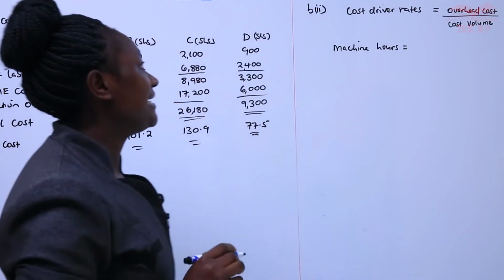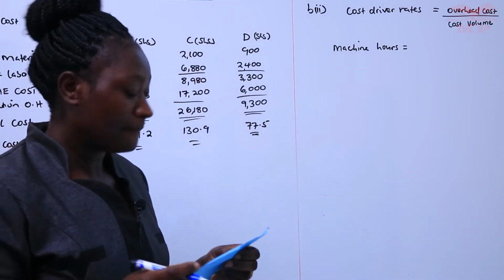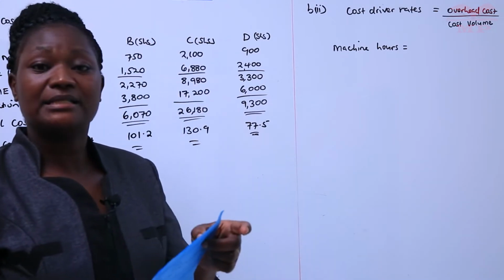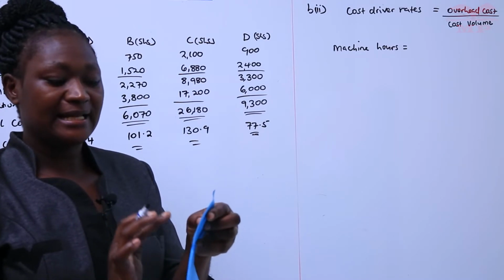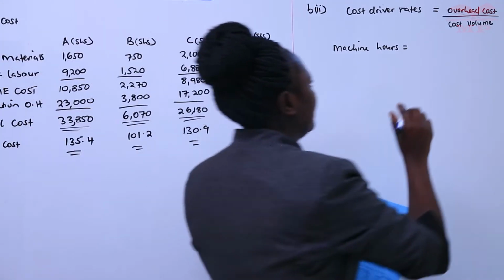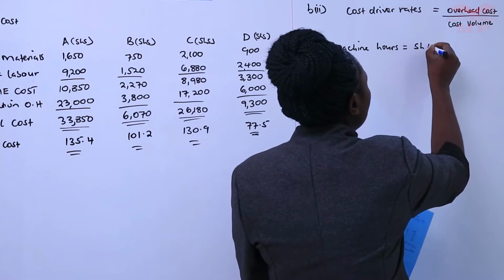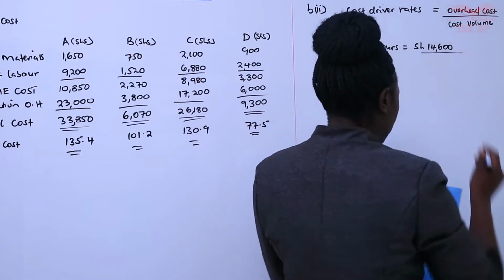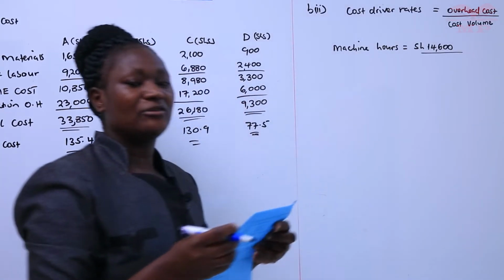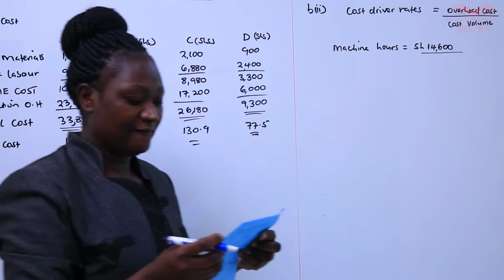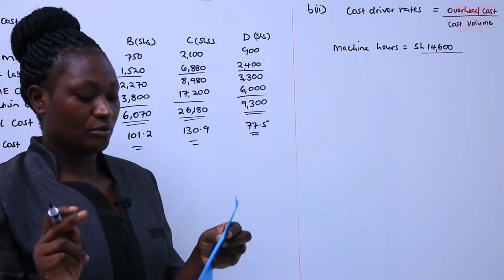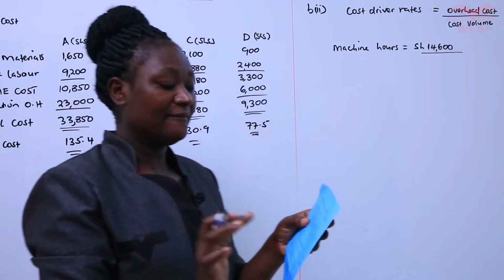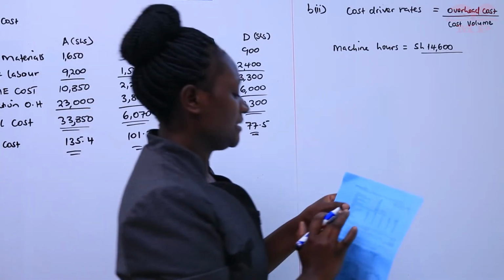So how will we calculate the cost driver rate for machine hours? It is the overhead. In part number 1, machine-related cost was 14,600. So you take 14,600 and then you divide this by the cost driver volume, which is given, and you use the total, not per batch. Already you've been given the total for machine hours per batch.